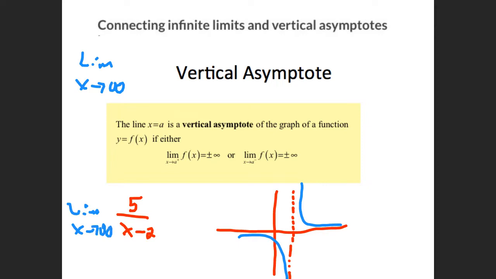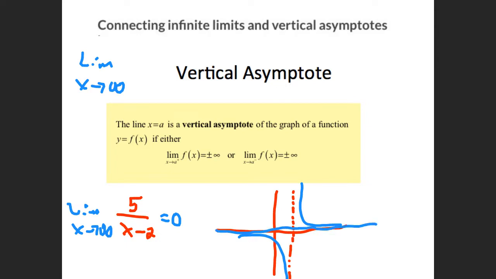Because this is a constant. This number is getting bigger and bigger and bigger, right? If you put infinity in here, you've got 5 over infinity. This is basically 0. So I know that 0, because remember, when you have a limit as x approaches infinity, if it turns out to be a number, that number is a horizontal asymptote. So I know that this has to be a horizontal asymptote right here. y equals 0. That has to be a horizontal asymptote.